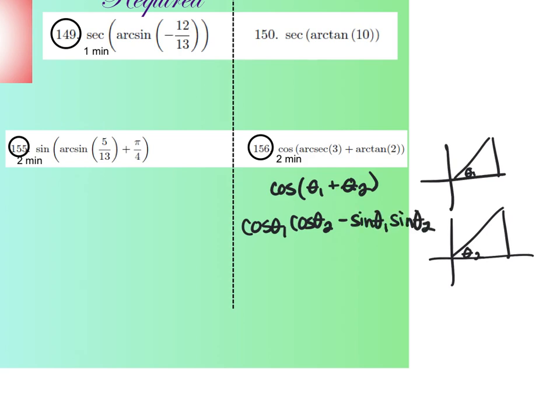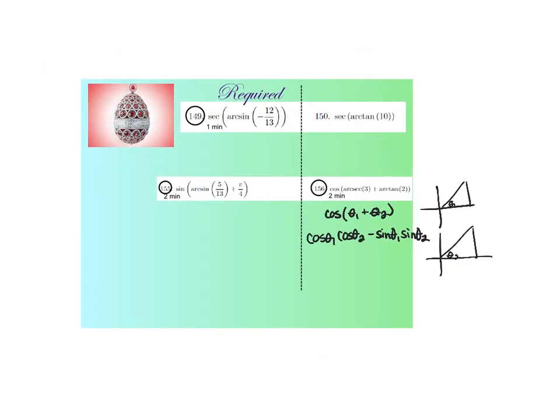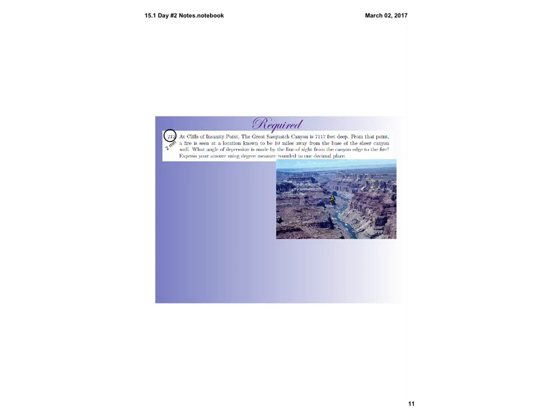And just figure out those triangles and input the numbers into those ratios. That's really challenging. I think there's a story problem here. Totally doable. You can do this. Actually, all of these are.